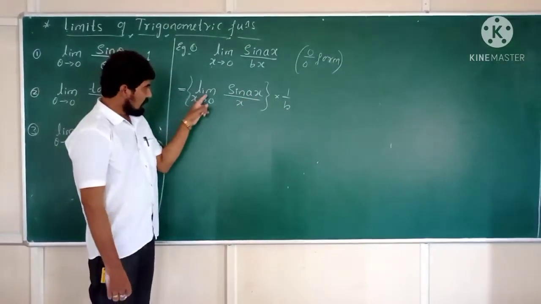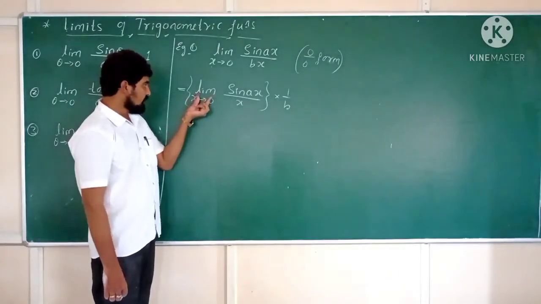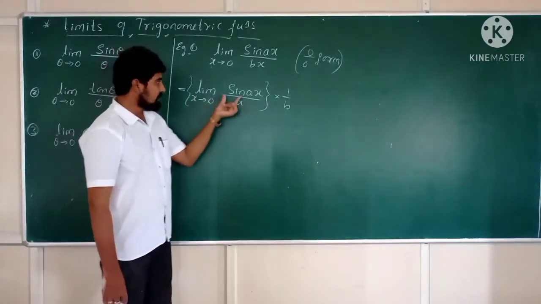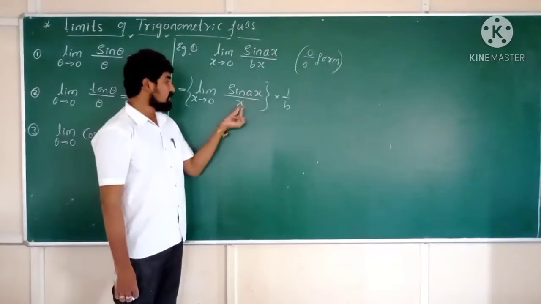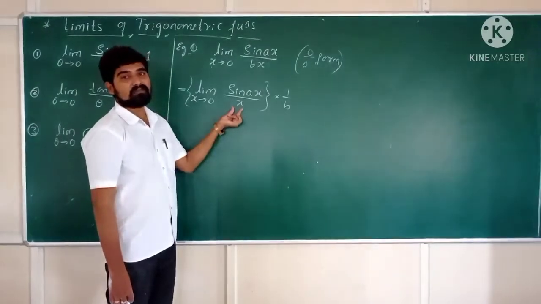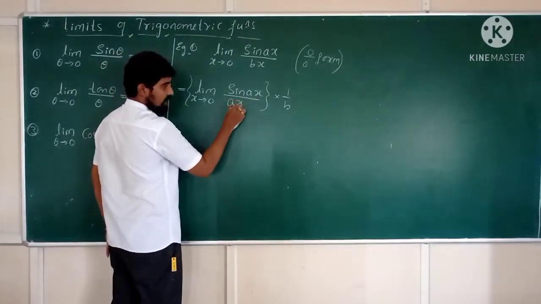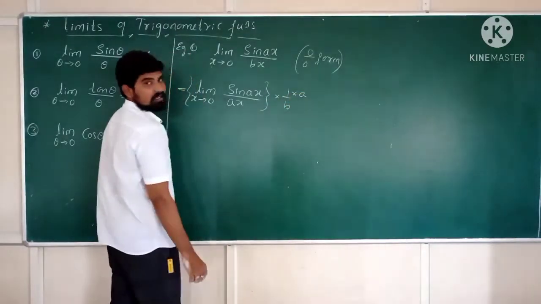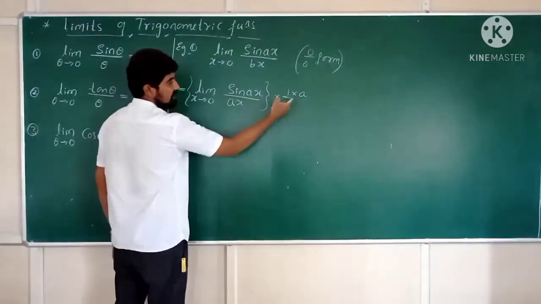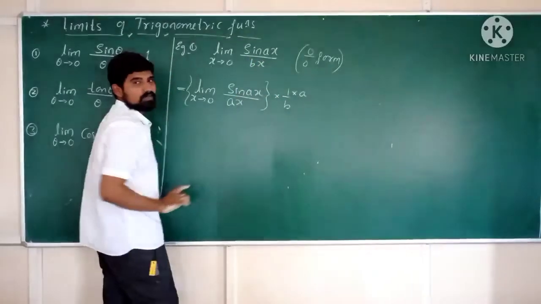Let us assume this ax as theta, limit theta tends to 0, sin theta divided by theta. For that we must try to divide this function by a, and multiply by a. If I cancel a and a, this is similar to the previous function, that is sin ax divided by bx.